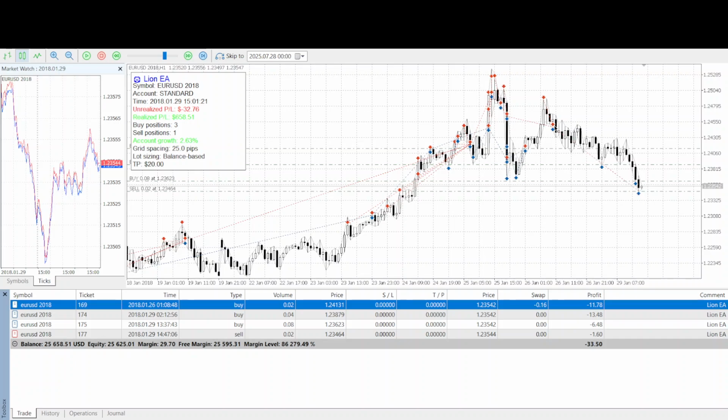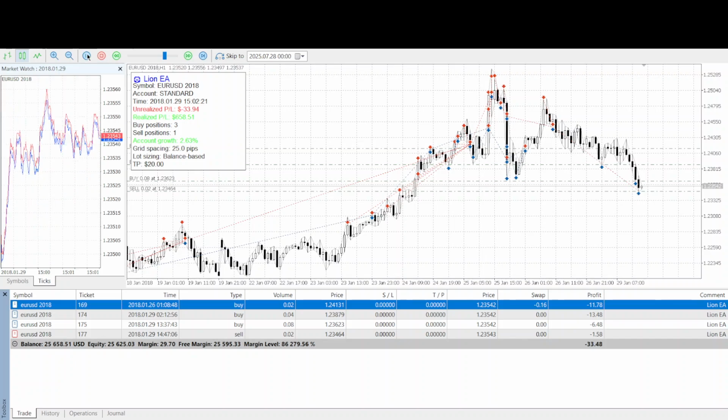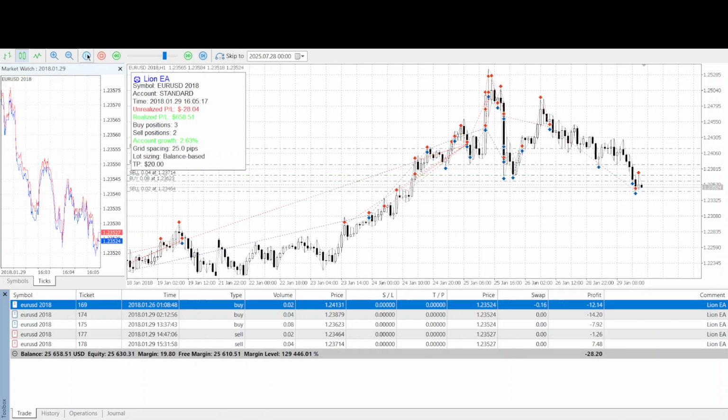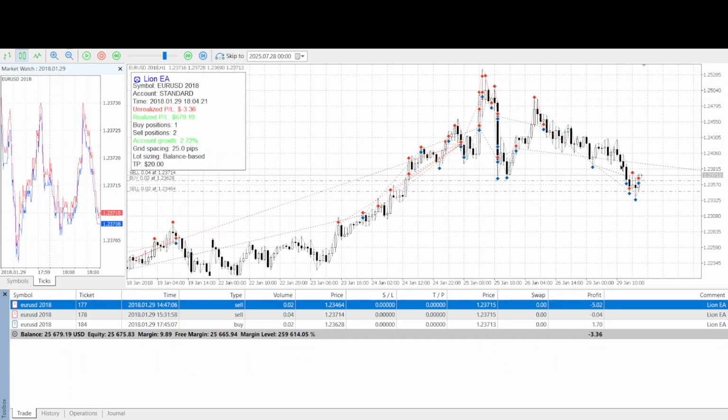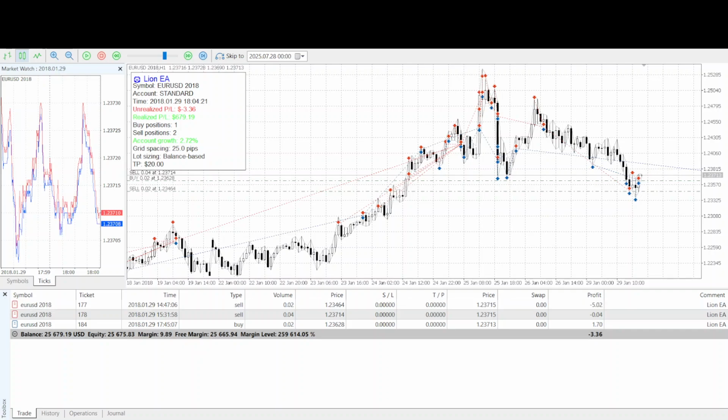This trade opened at this position, about 80 pips away, and took profit in the same direction. Now, let's see if we get an example of the martingale feature. See that? It closes all the buys when all the buy positions reach a gross profit of $20. The line here, guys. So that is enough for the visual.